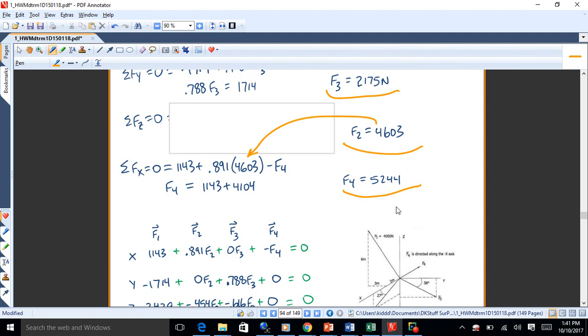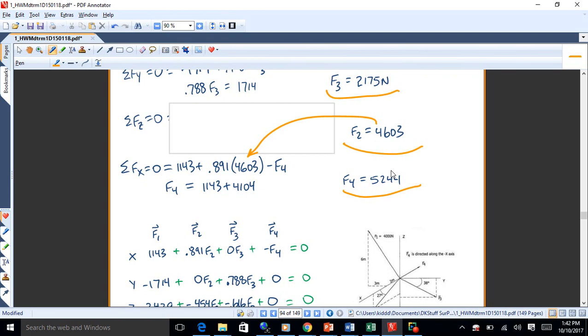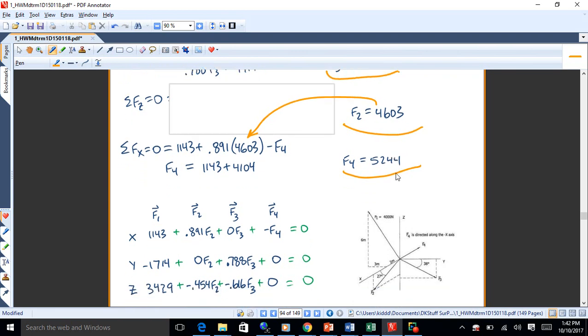Yeah, so I want you to take those magnitudes and then run them back through the vectors to turn those things into vectors. So just go back to your equations like I got down there. And everywhere you see an F2, plug in 4603, and F3, plug in 2175, and F4, plug in 5244, and then you'll get vectors in the columns, okay?